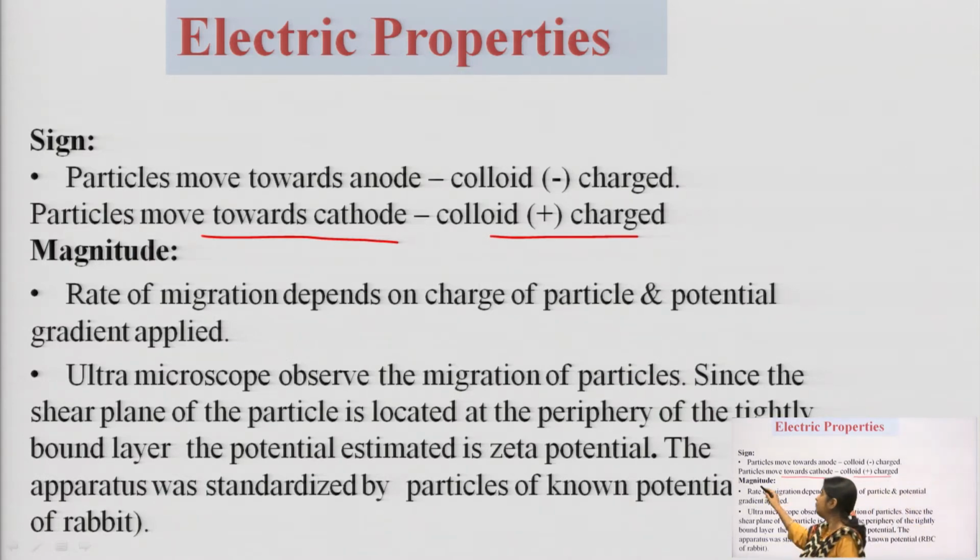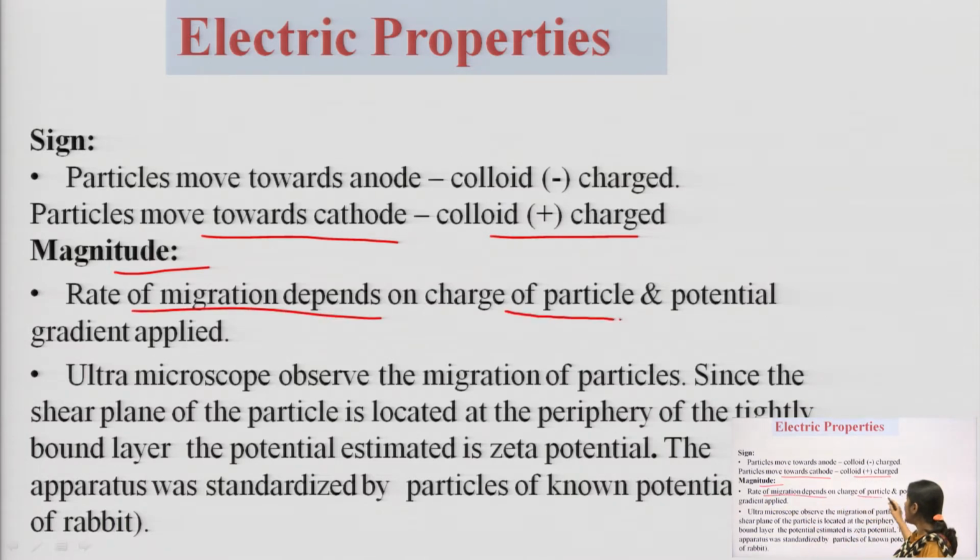Then comes magnitude. How will we find out the magnitude of the zeta potential? Here the rate of migration depends on the charge of the particle and the potential gradient applied.